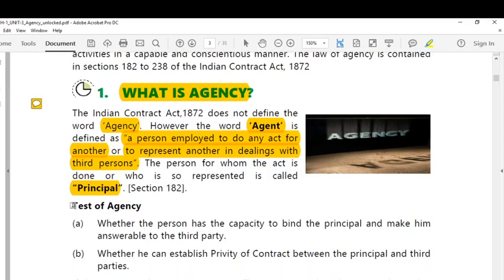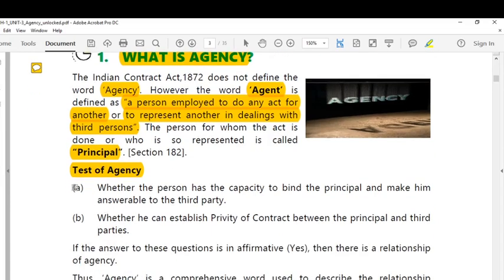Now just have a look at the test of agency, whether there exists an agency or not. To say that, you have to conduct a test. The test is given in the form of A and B. If you go through these two points, you will be able to say whether the agency exists or not.